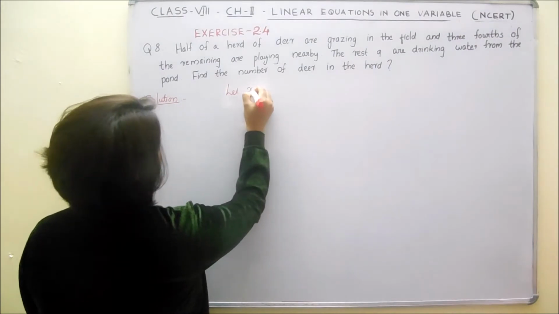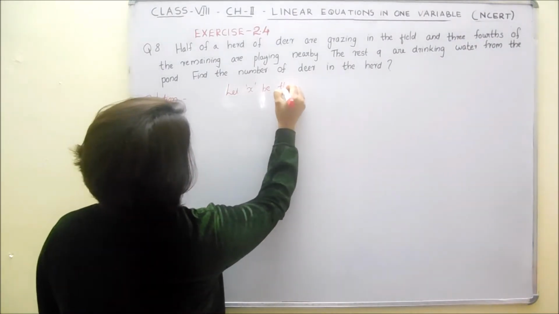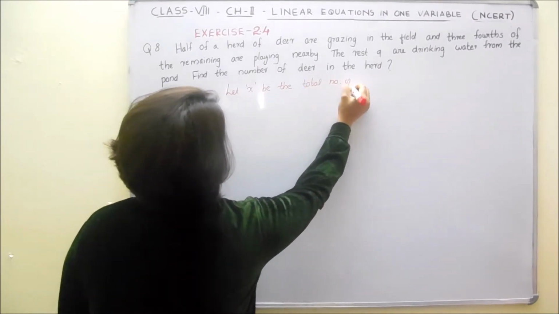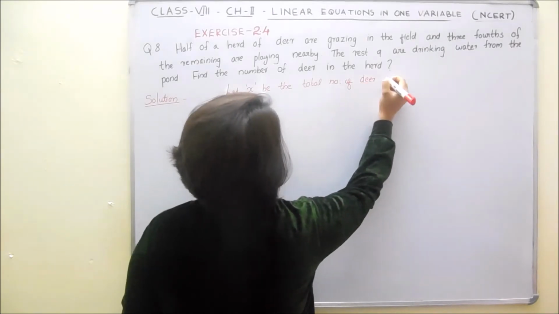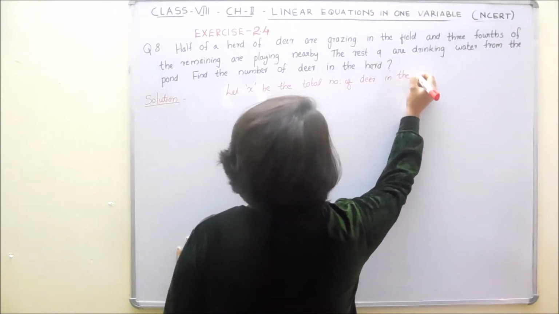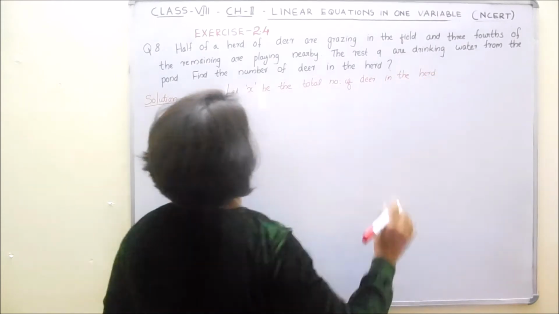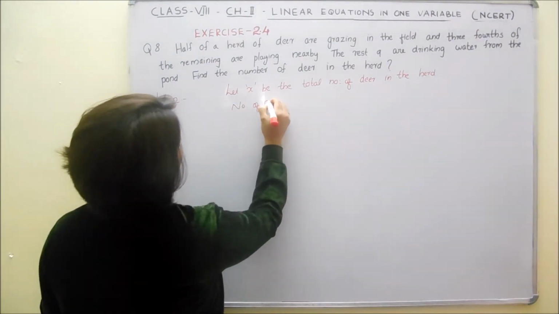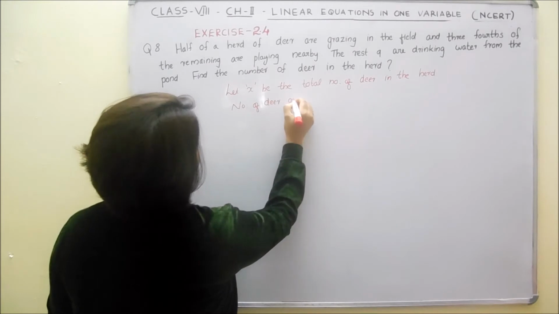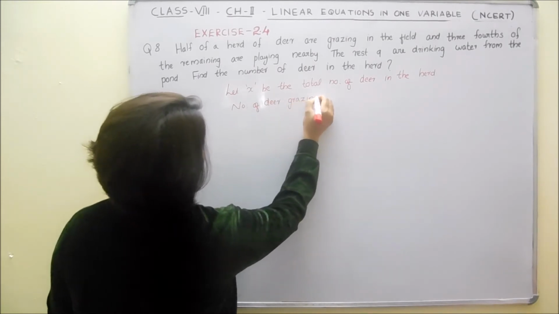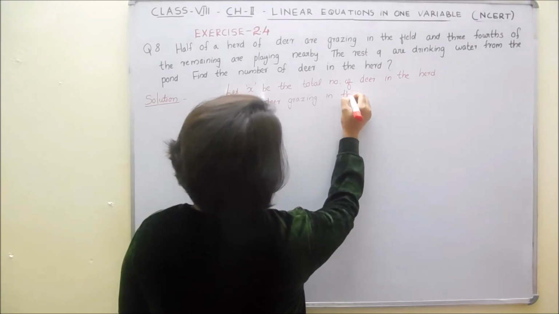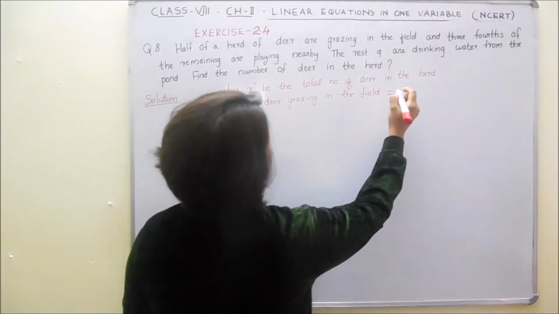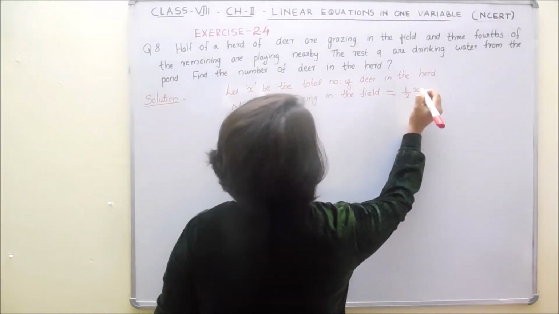Let x be the total number of deer in the herd. Then number of deer grazing in the field equal to half of x, right? So half into x.